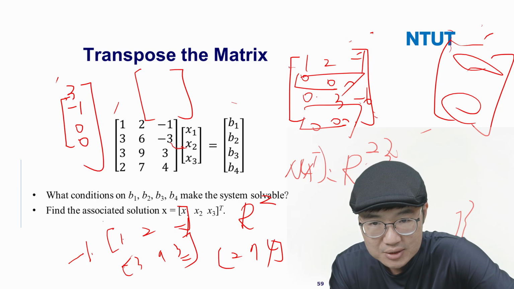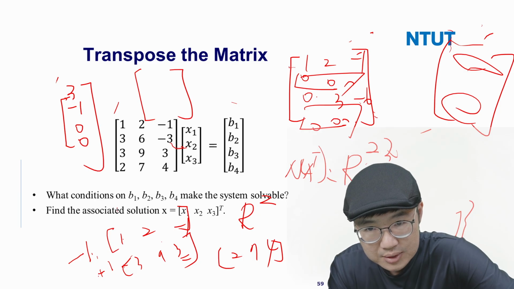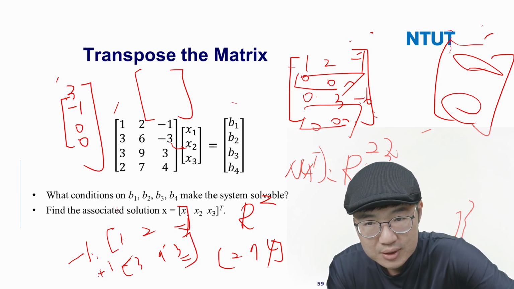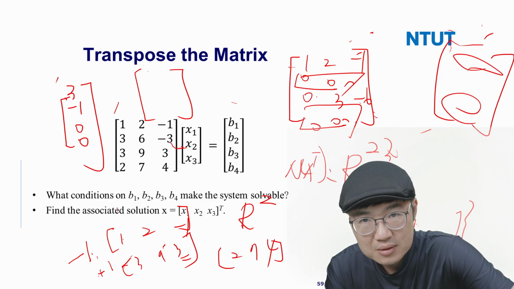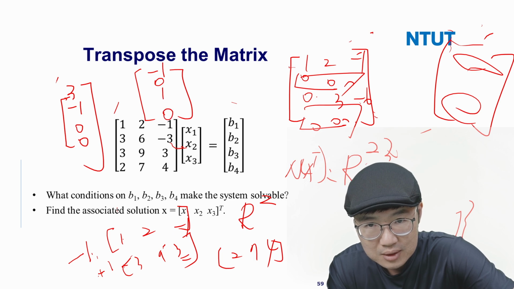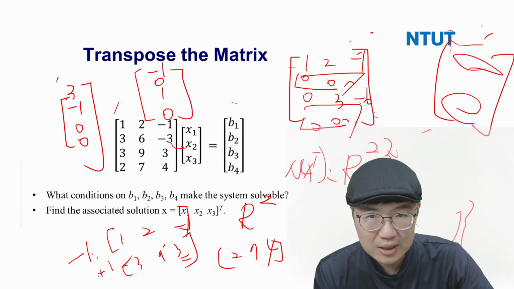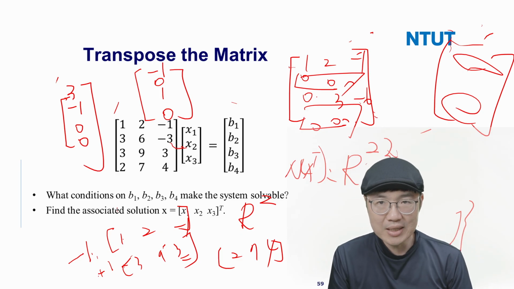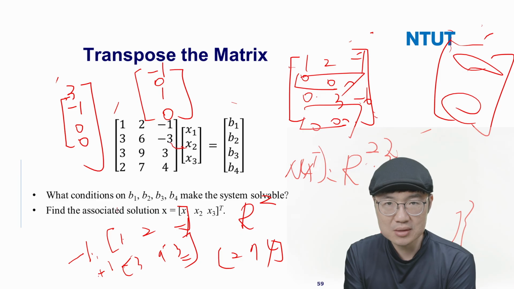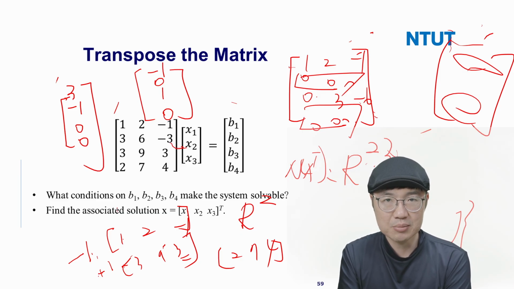So minus 1 times this plus 1 times this would be 2, 7, and 4. So this further means the first row times 1 plus the third row times 1 with 0 for the remaining rows will generate a 0 row. So 3, minus 1, 0, 0, and minus 1, 0, 1, 0 is the basis in the left null space.